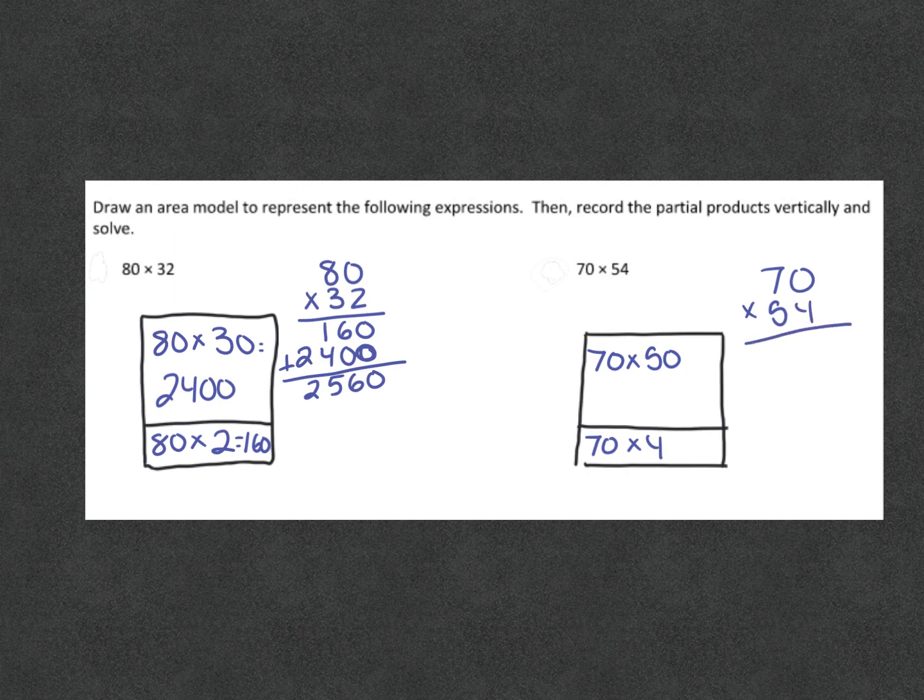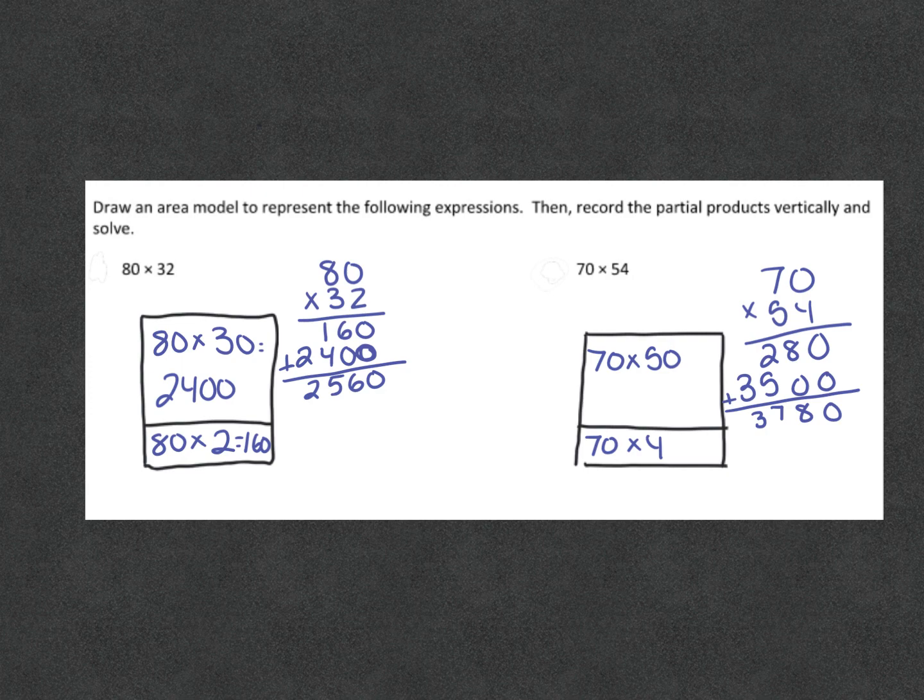Anything we multiply by 0 will equal 0. 7 times 4 is 28. Anything we multiply by 0 again is going to equal 0. And then 5 times 7 is 35. So we add those together, bring the 0 down, bring the 8 down. 5 plus 2 is 7, and then the 3.